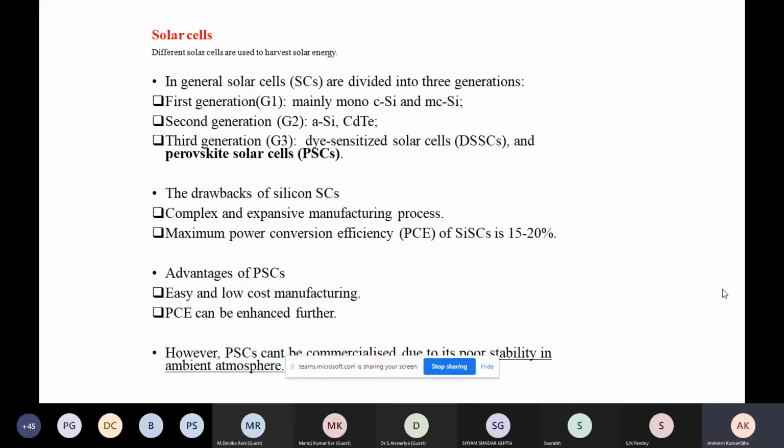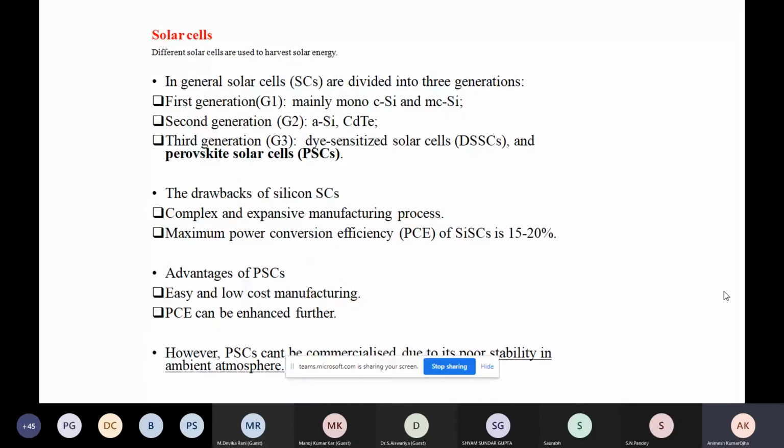Okay, and here the one drawback with this perovskite solar cell is that it can't be commercialized due to its poor stability in ambient atmosphere, as well as the efficiency at the device level, which has not been achieved equivalent to the existing solar cell device.